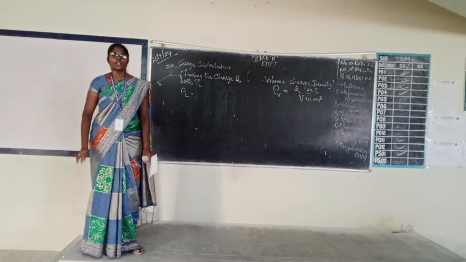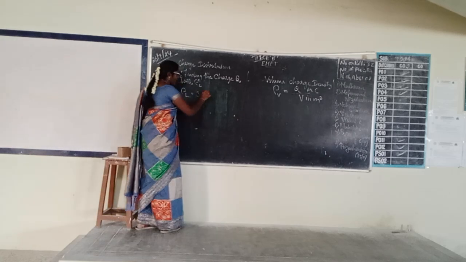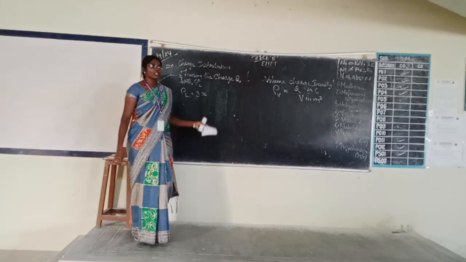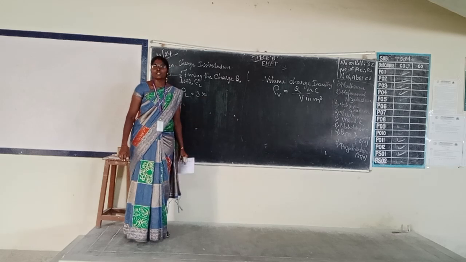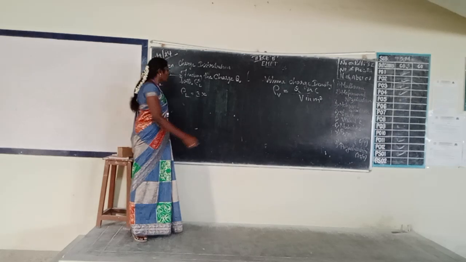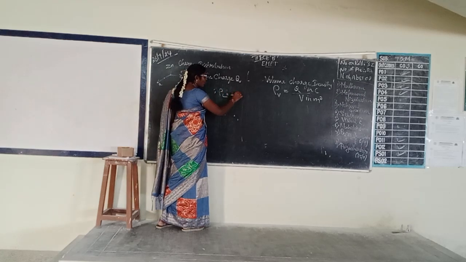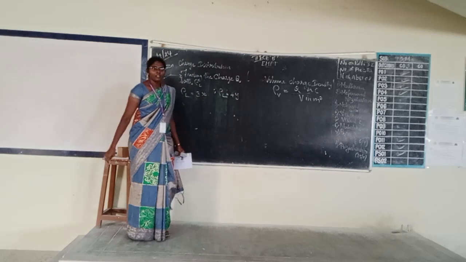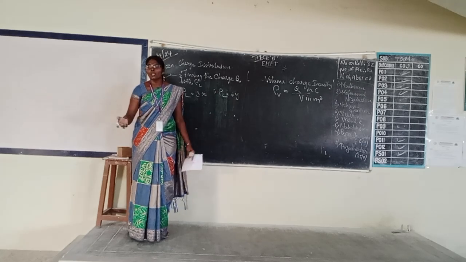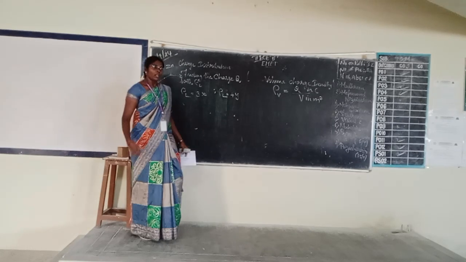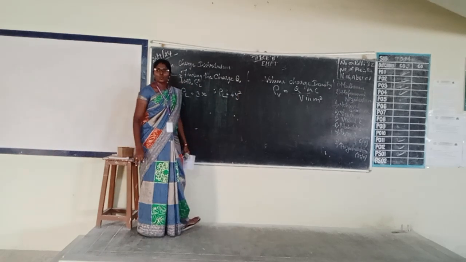If rho L is given as 3x, it means somewhere along the x-axis the line is going to be. Or else if it is given as rho L is 4y, somewhere along the y-axis. It can also be 4y square or 3x square.